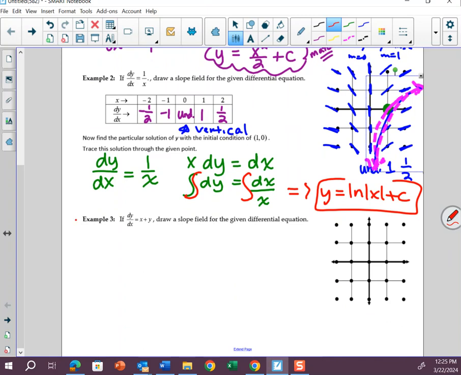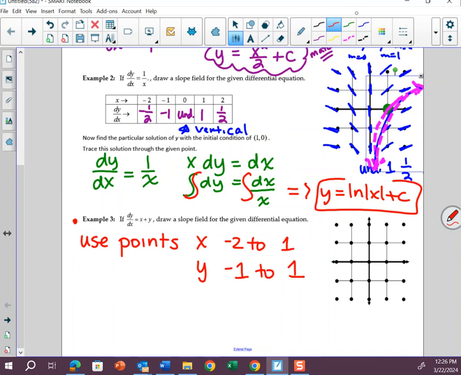So on something like problem number 3, if it says, hey, if dy over dx equals x plus y, draw a slope field, let's go ahead and just limit our points a little bit. Let's let x go from -2 to 1, and let's let y go from -1 to 1.